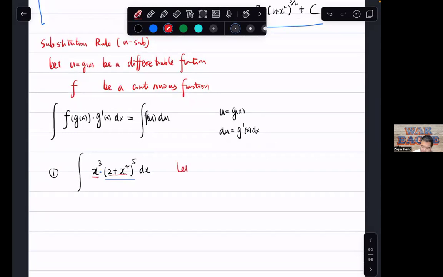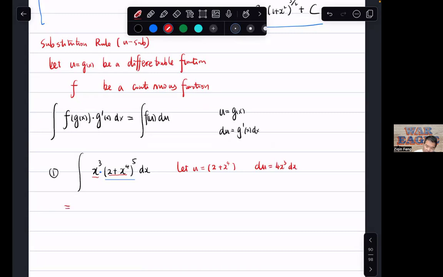We let u here, u is always an inner function of some combination, right? u equals 2 plus x to the 4. Then du here is 4x cubed dx, right? Now let's try to do the substitution here.